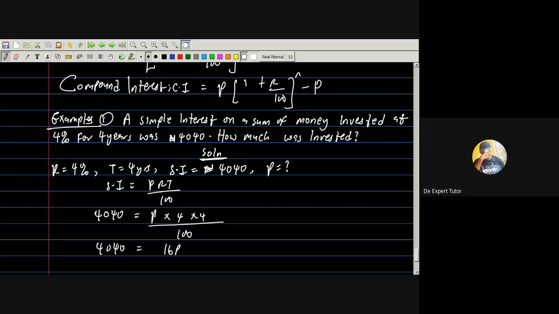That's 16P divided by 100. So if I cross multiply, I have 16P equal to 4040 times 100. I'm looking for P, so I'll divide both sides by 16. So my P will be equal to 4040 times 100 divided by 16.